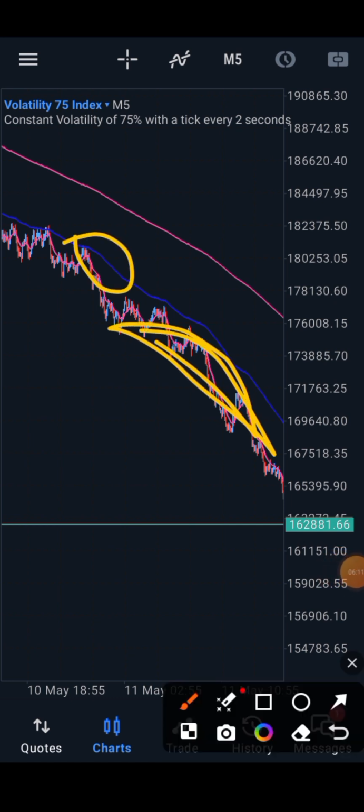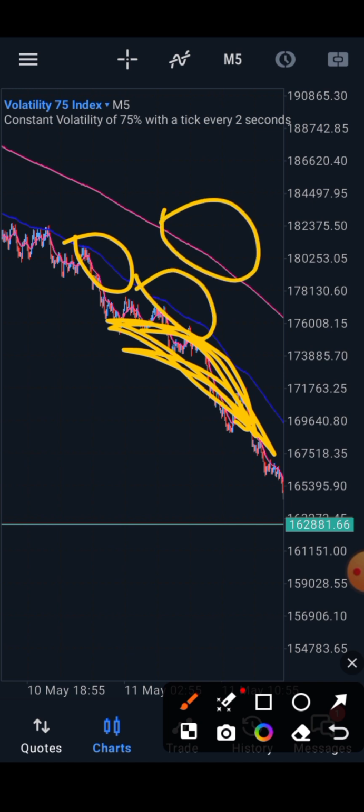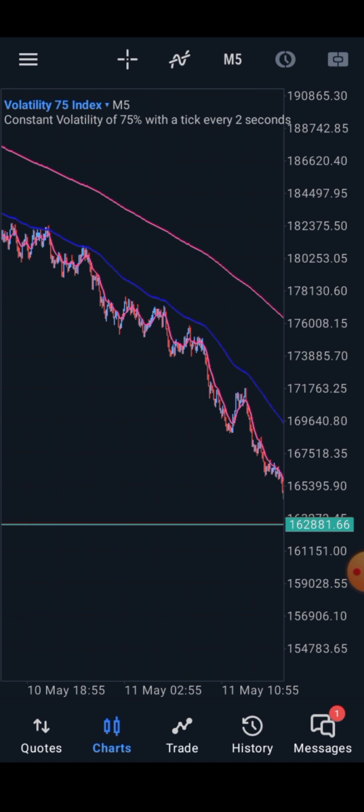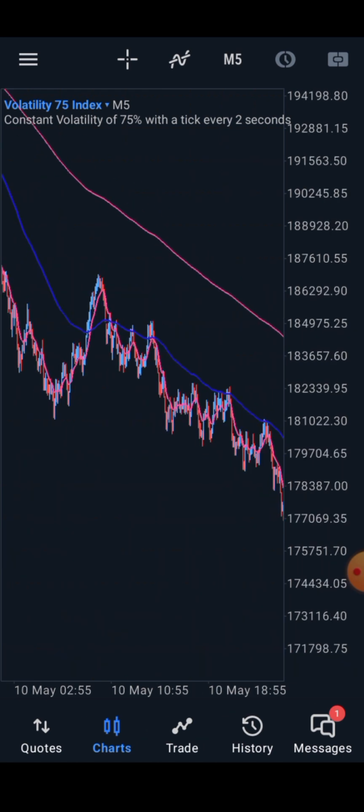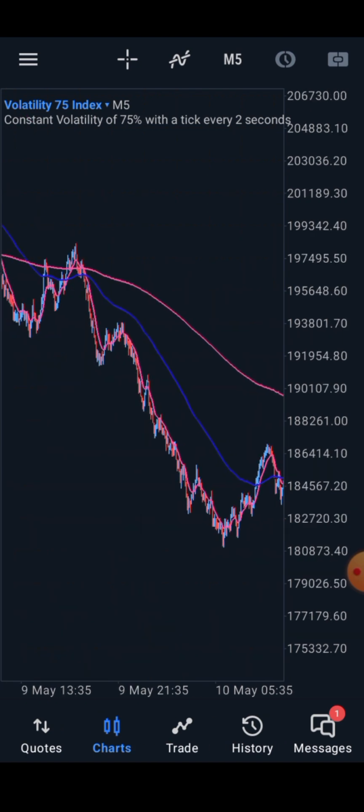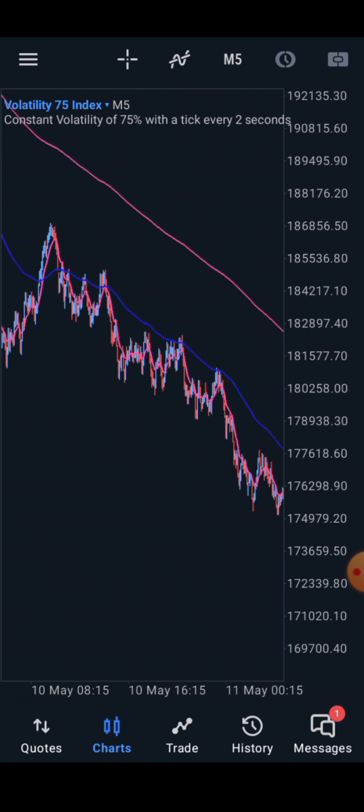This is a sub-trend director after the 350. When you see that the market is below the 90 and the 350, you know the market is on a deep downtrend. Whatever you're trading should be a sell, or if it's above, you should be buying at that point. There's no need selling when the market is above the 350 and the 90.